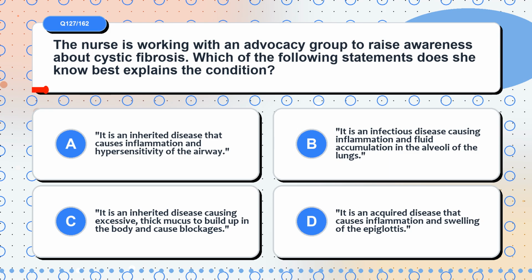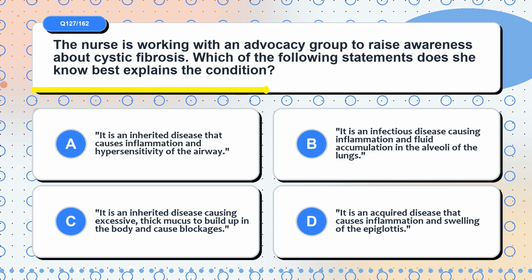Question 127. The nurse is working with an advocacy group to raise awareness about cystic fibrosis. Which of the following statements does she know best explains the condition? Here are the options. Option A. It is an inherited disease that causes inflammation and hypersensitivity of the airway.